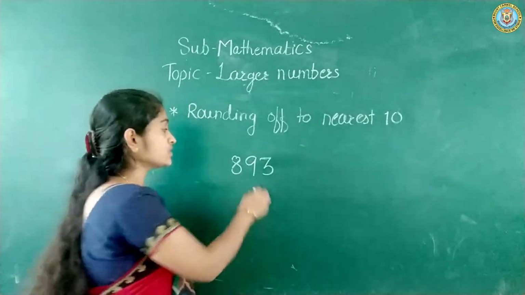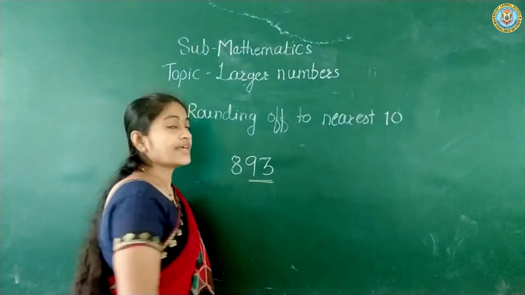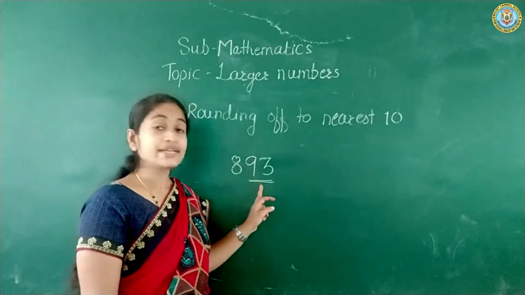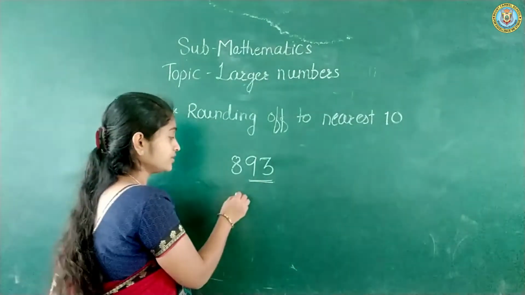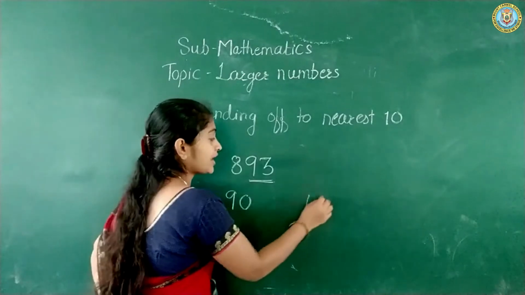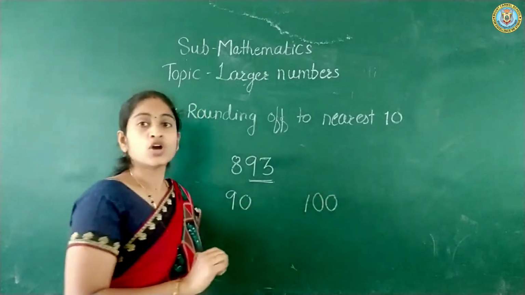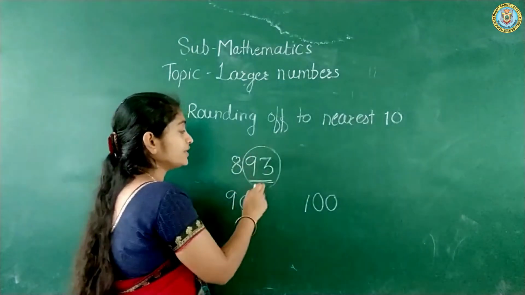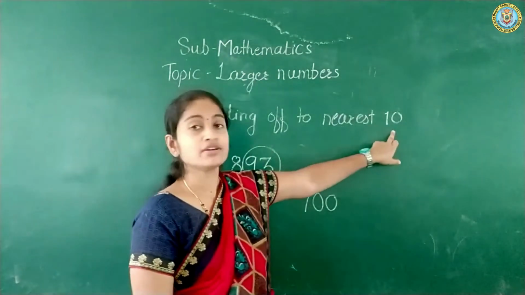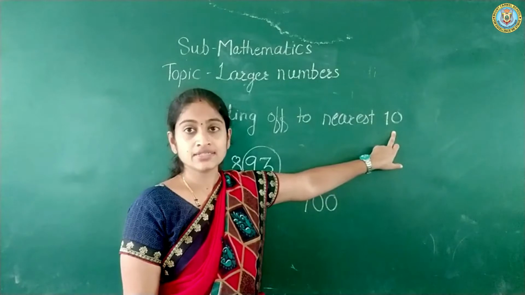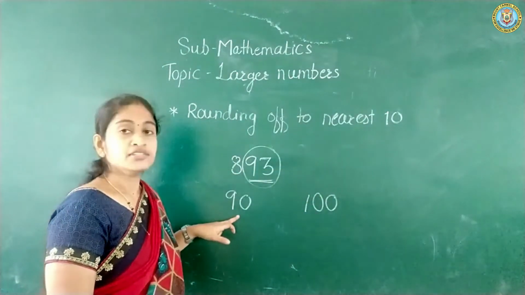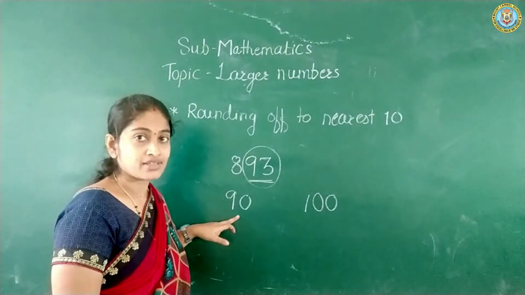Here we have to consider only the tens place: 93. So 93 comes between 90 and 100. We only have to consider up to the tens place because we have to find the rounding off to the nearest 10. 93 is nearer to 90, isn't it?